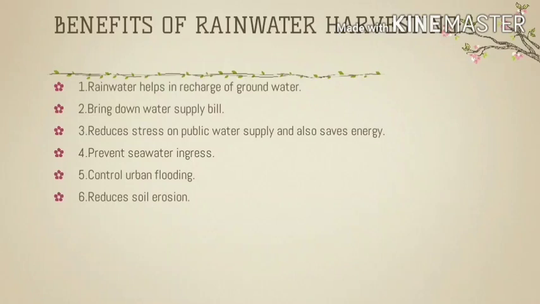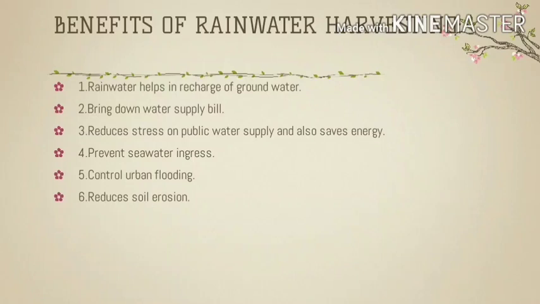That is another point. In order to prevent seawater from coming into the groundwater, rainwater harvesting has to be done. If some area has huge underground cavities, created because of excessive extraction of water from underground, and it is closer to the coastal area, then what will happen?